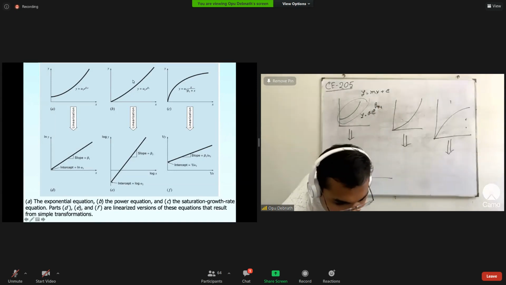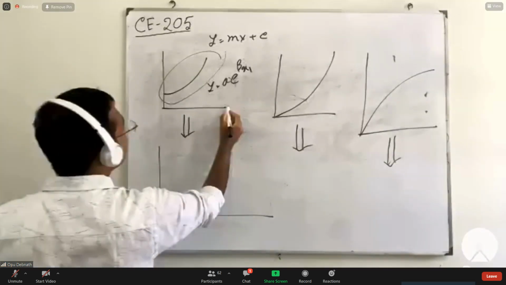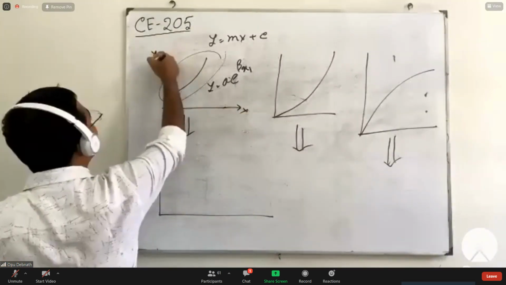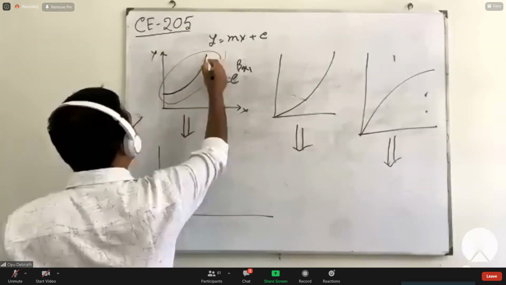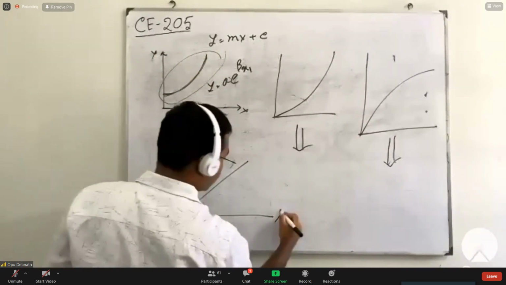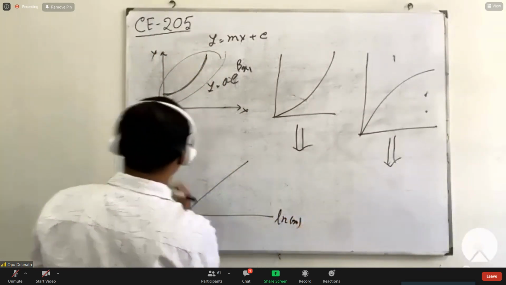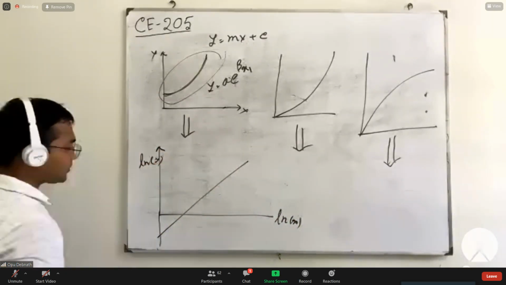Okay, so I think you can go to the board. This is the x-axis, y-axis, exponential function. So if I want to linearize it, what can I do? Simply, this axis will be x, and this will be ln y.